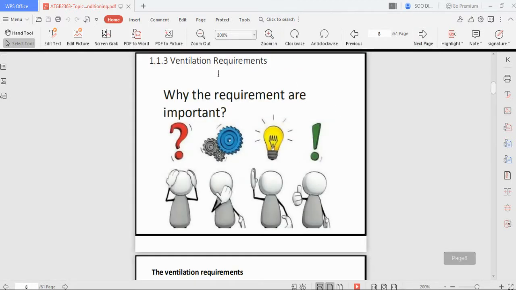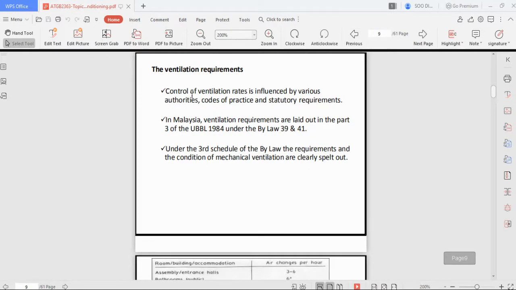Okay, so what is the requirement for ventilation? Why is it so important? There are 3 points here. The ventilation requirement, or control of ventilation rate, is influenced by various authorities, codes of practice and statutory requirements.